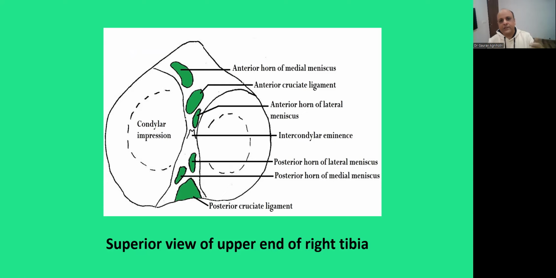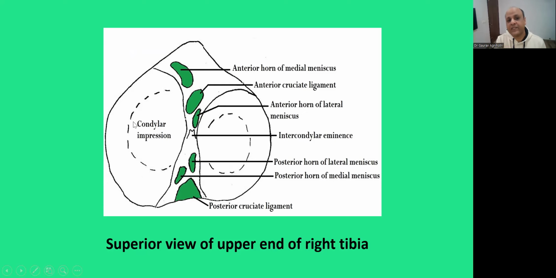To understand this, you see in the figure, the lateral meniscus is circular. That is why its anterior horn comes here, and it goes around like this, and the posterior horn again comes near the anterior horn. So it's circular, while the medial meniscus is semicircular.